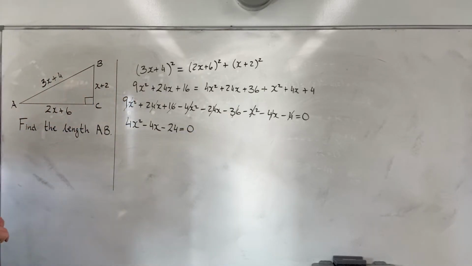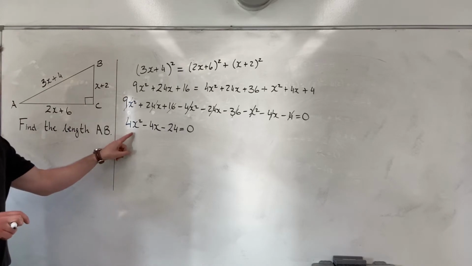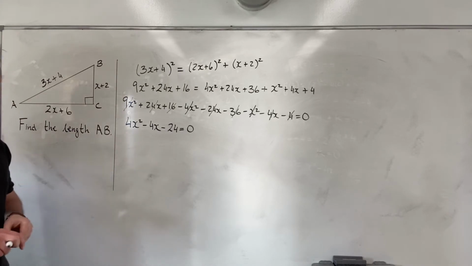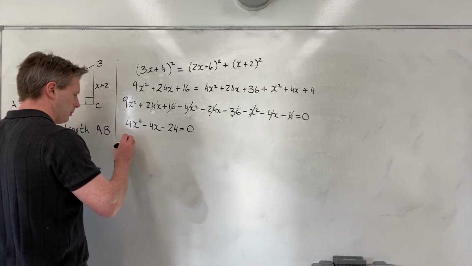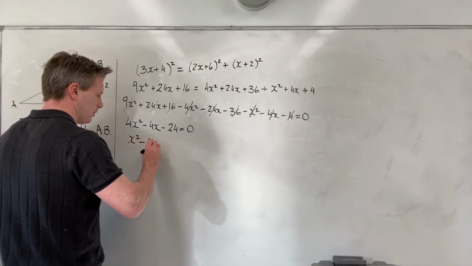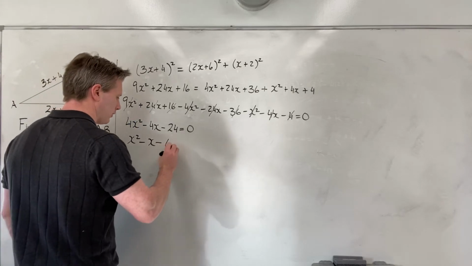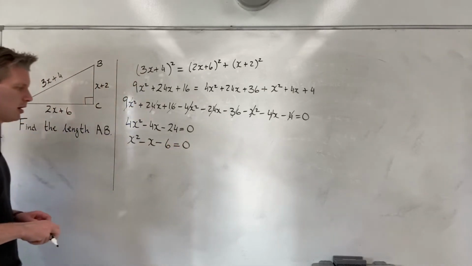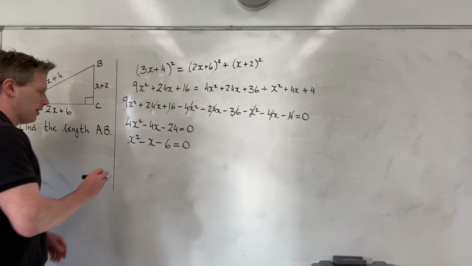Okay, so when everything is gathered together, I end up with a quadratic trinomial, and I'm now going to solve this quadratic trinomial. To make things a little easier for myself, I can divide across by 4. So I can eliminate my 4 here, so I get x squared minus x minus 24 divided by 4 is 6, is equal to 0. And I will solve my quadratic trinomial.